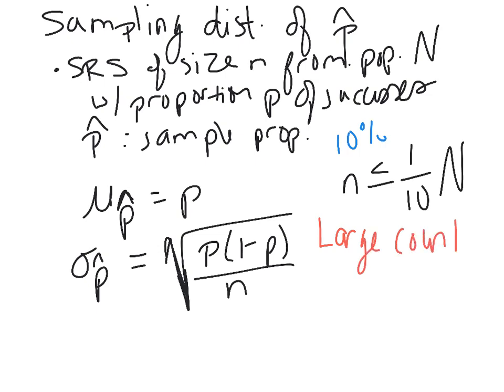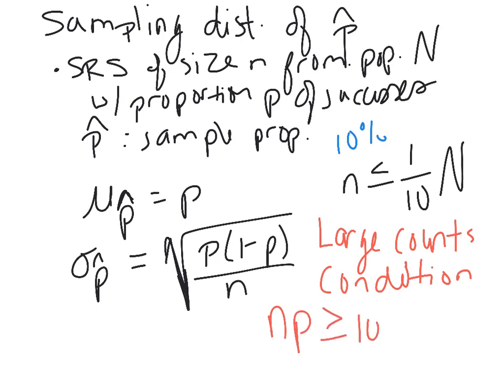The large counts condition is that np is greater than or equal to 10, and, not either or, n times 1 minus p, that's the multiplication, is greater than or equal to 10. If both of those conditions are met, then I can say this is approximately a normal distribution.